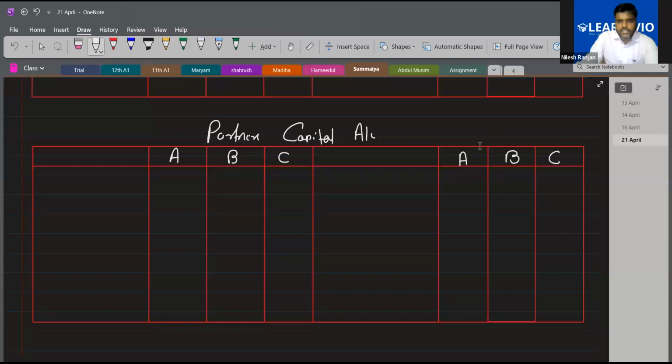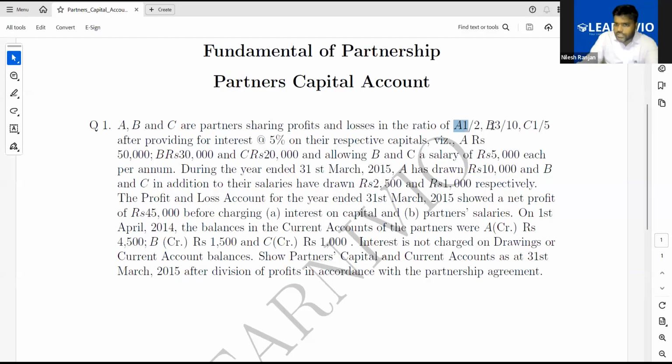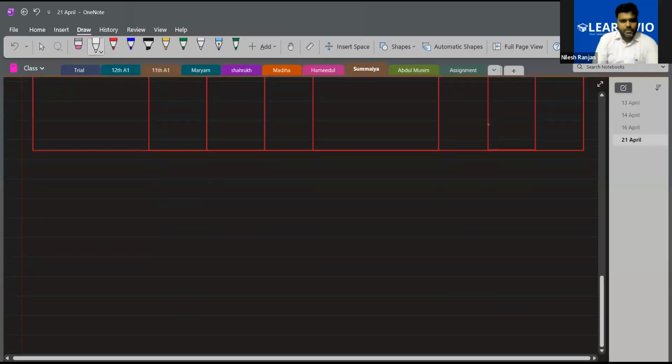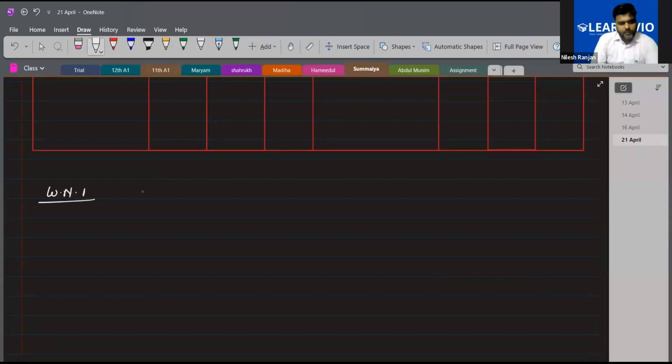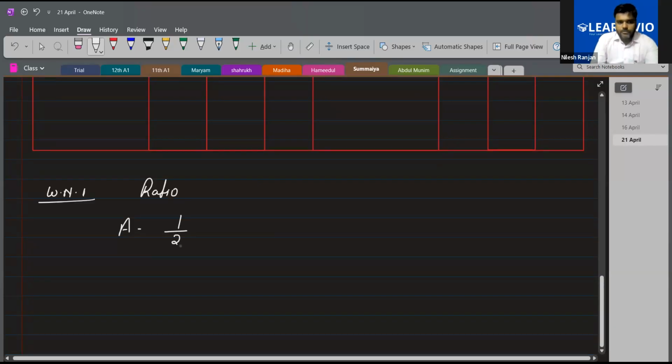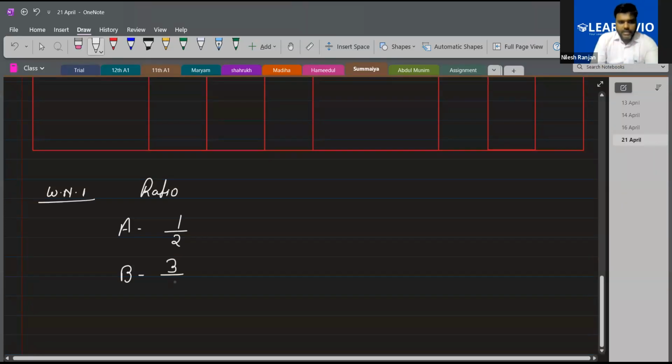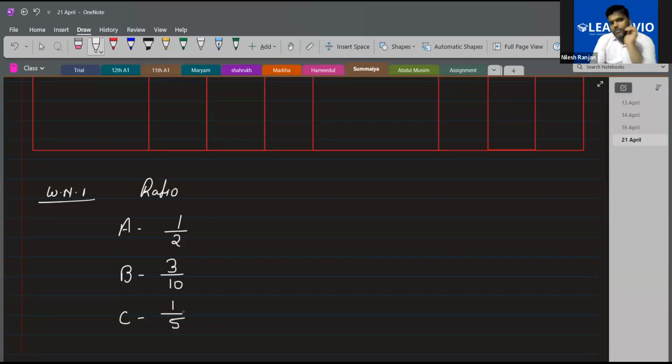So the first thing is we have to calculate the ratio. This is not the ratio. We cannot use this. We have to convert this into the ratio. So working note number 1 for the ratio. It is A 1/2, B 3/10, and C 1/5. Do you know how to convert these into ratio?